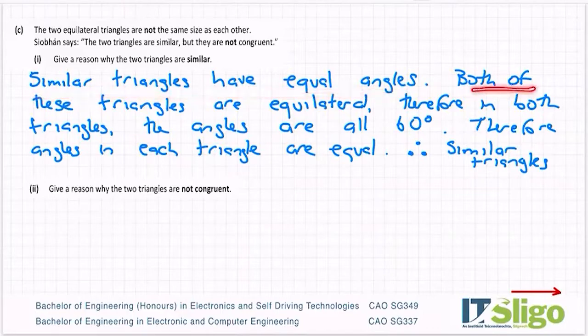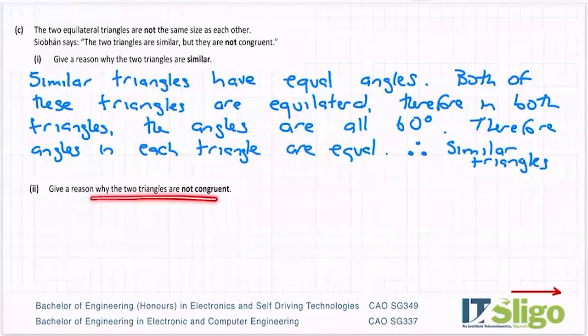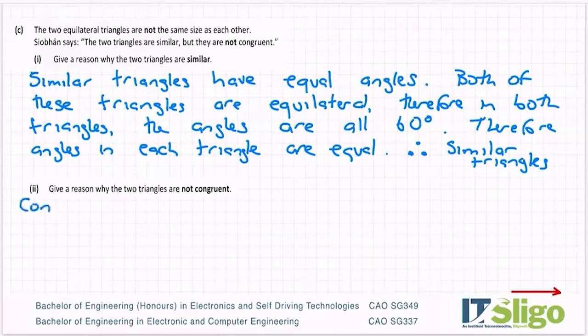And then I go on to explain why the angles equal each other, okay? And just in that context, explaining what an equilateral triangle is. Now, part 2, give a reason why the triangles are not congruent. So this one asks you to explain what congruent triangles are.